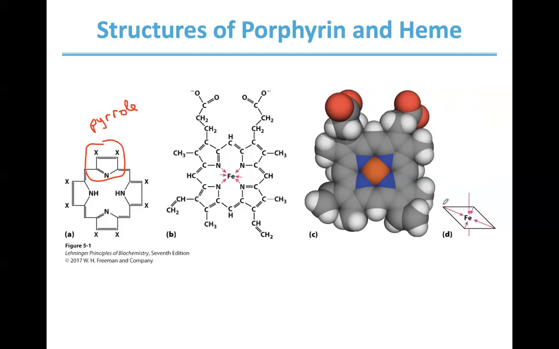And so the nitrogens of the pyrroles will sit in one plane surrounding this iron. And there are 2 more bonds. There's a bond from the top, and there's a bond from the bottom. Okay, so you can imagine that one of them will be oxygen, right? And the other one can be some amino acid from the protein.